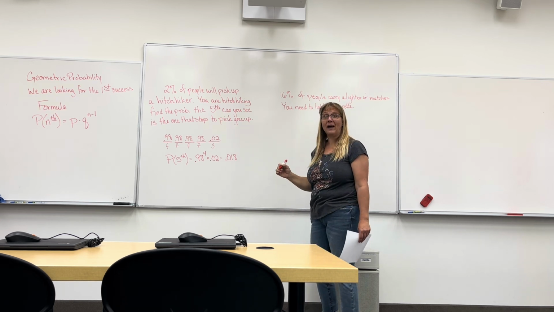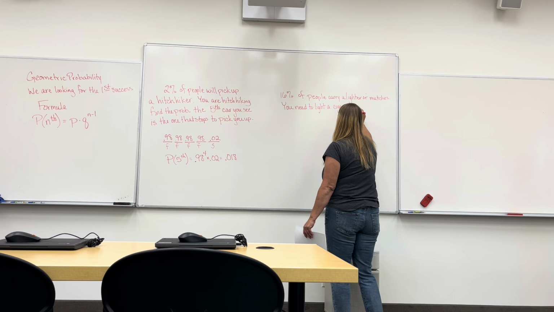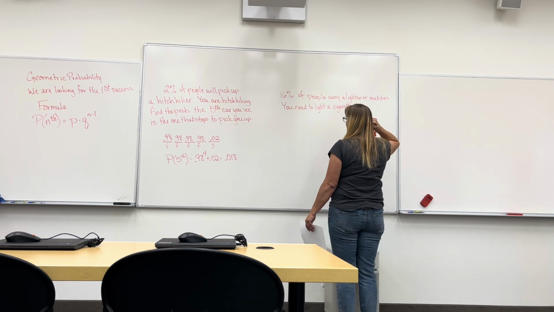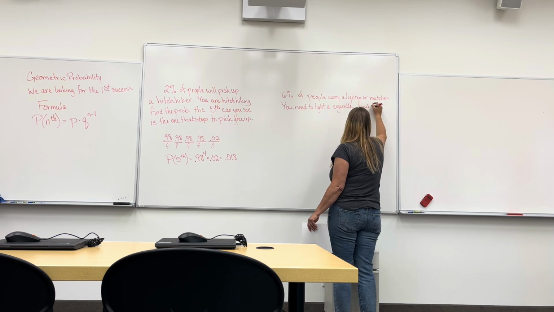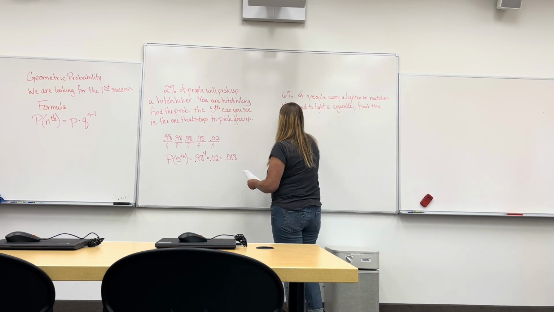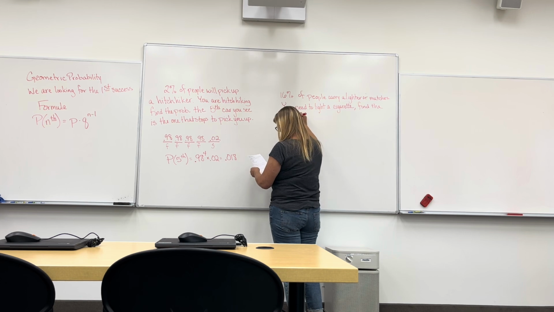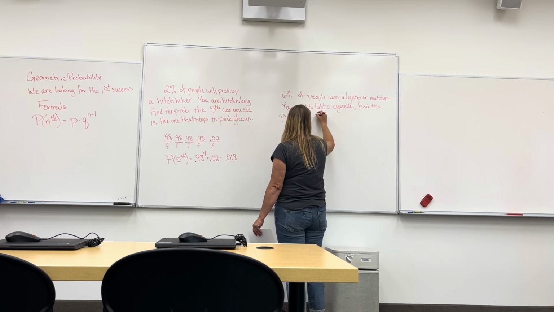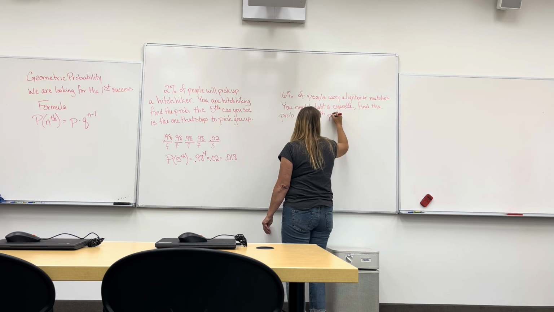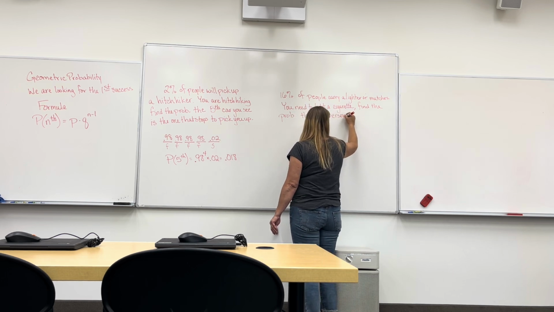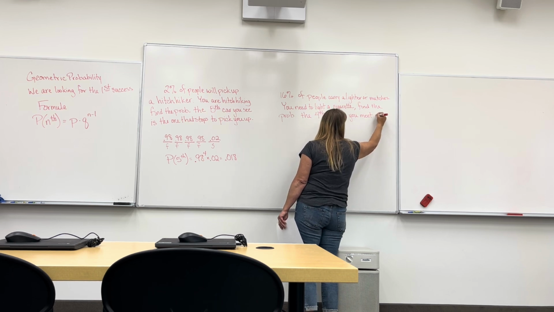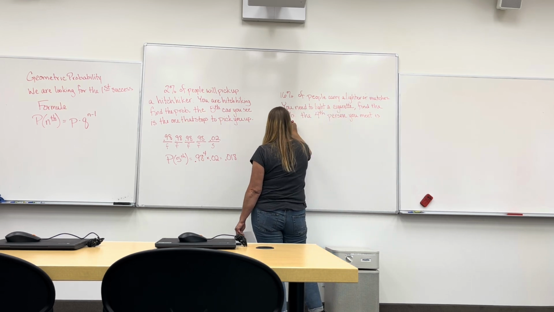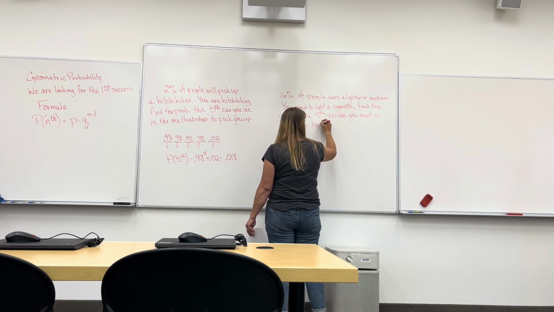Remember, don't smoke, it's bad for your health. Okay, fine. We're using the example anyway. So you need to light a cigarette. Find the probability the fourth person you meet is the first to have a light.